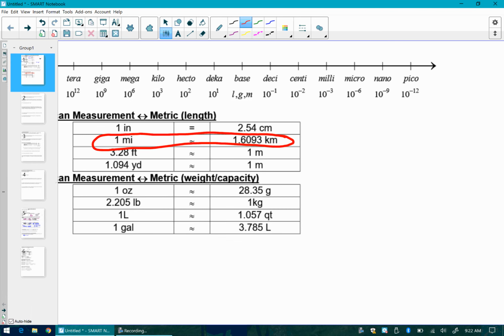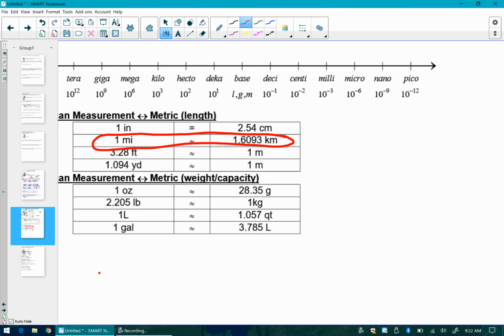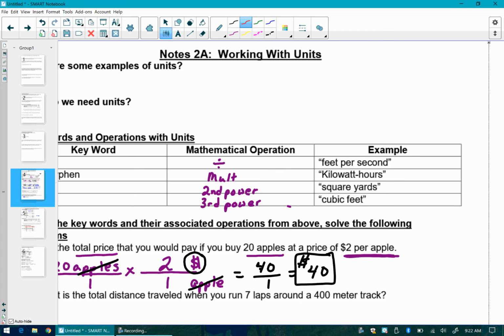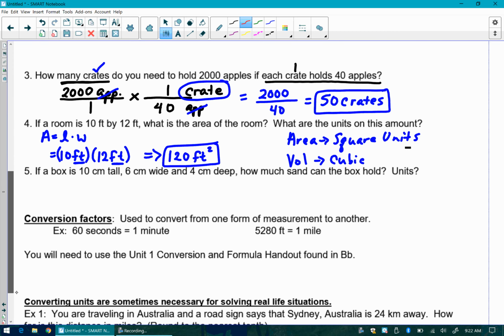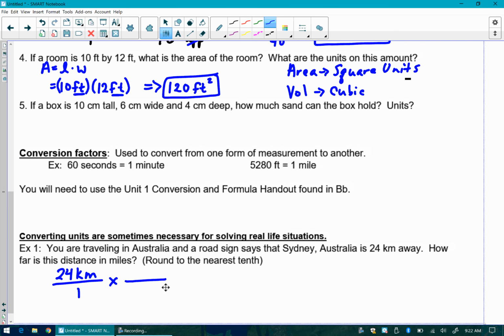All right, so let's go back to this problem. I've got 24 kilometers over 1. As I mentioned before, since I want to get rid of those kilometers, I put kilometers on the bottom.